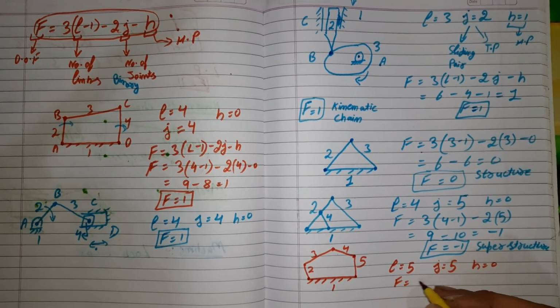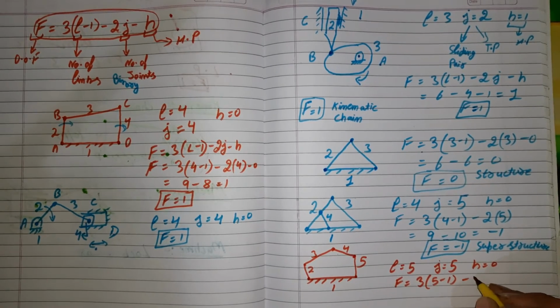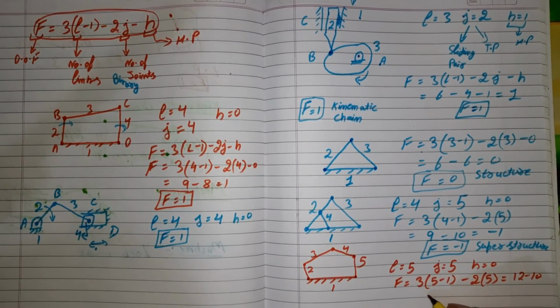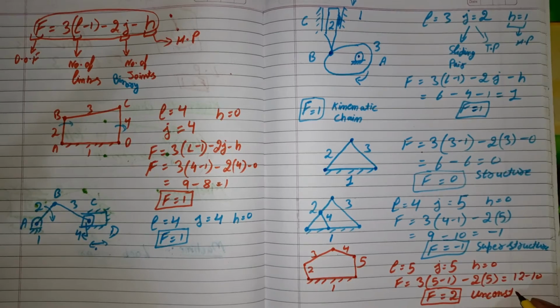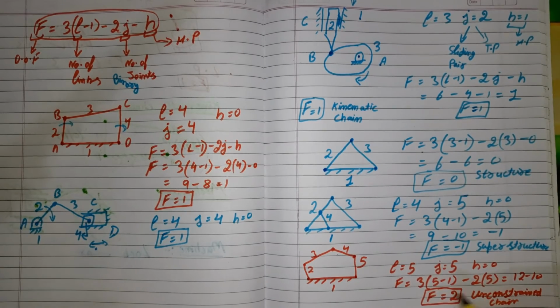Here degrees of freedom will be 3 into (5 minus 1) minus 2 times 5. Here degrees of freedom comes out to be 2. So it is an unconstrained chain, because here we will get undesired motion.